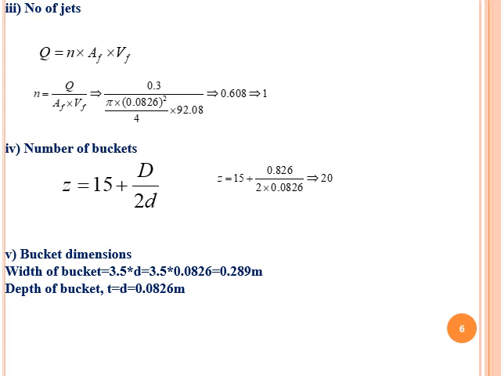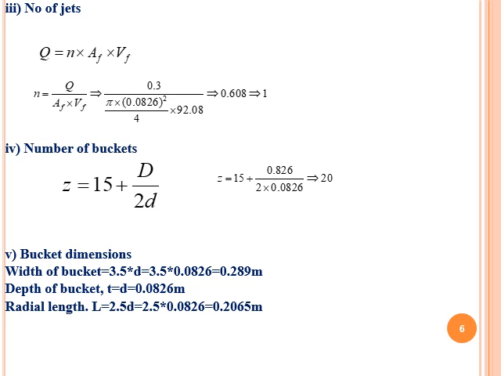Depth of the bucket, denoted by letter T, is equal to the diameter of the jet, that is 0.0826 meter. Now radial length L is equal to 2.5 times the diameter of the jet, so that is equal to 0.02065 meter. So this is the solution for the given numerical.